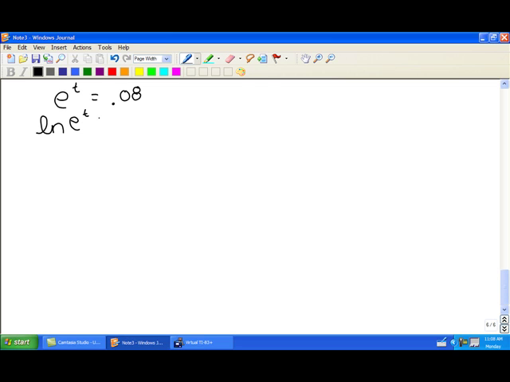If you use the natural log on this, you should remember the property that says if the base matches the number next to it and there's an exponent, then the answer is just going to be the exponent. In this case, the natural log has the base of e, so the base matches the number next to it. We can just say that our t is going to equal the natural log of 0.08.